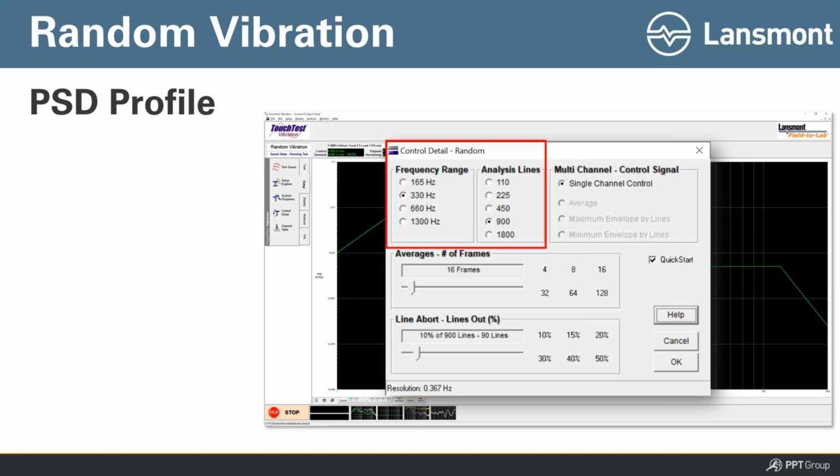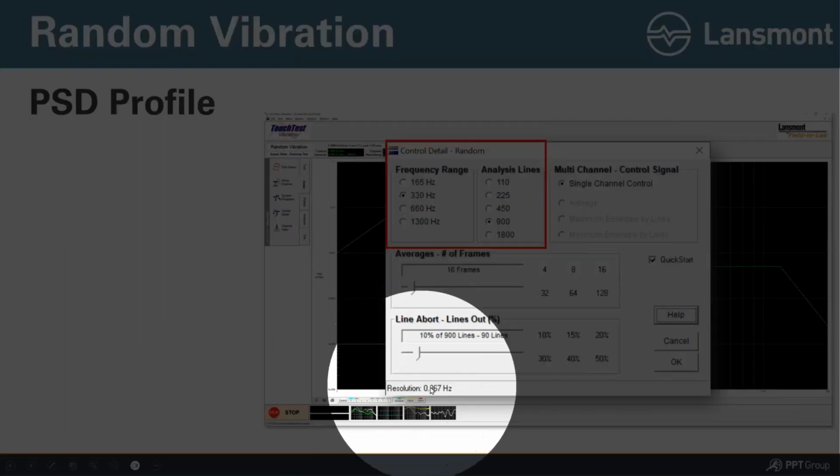which basically gives me, if you look down at the bottom, right there, the resolution says 0.367 hertz.